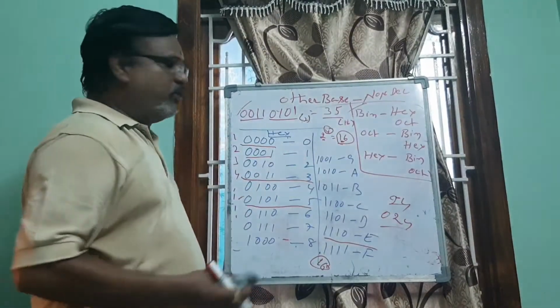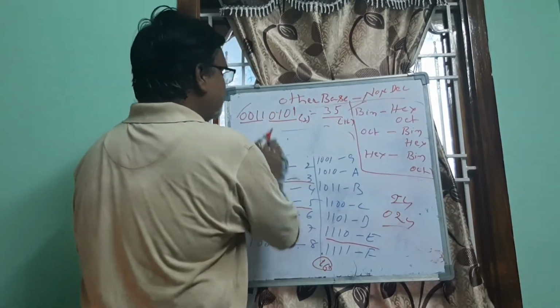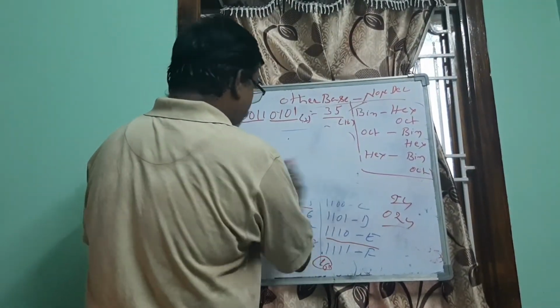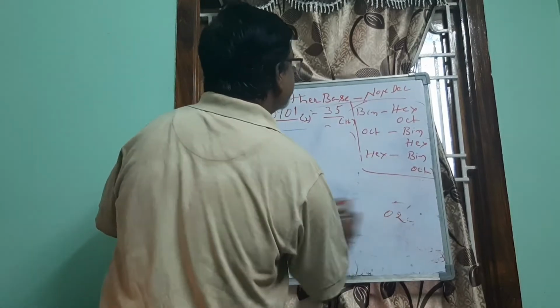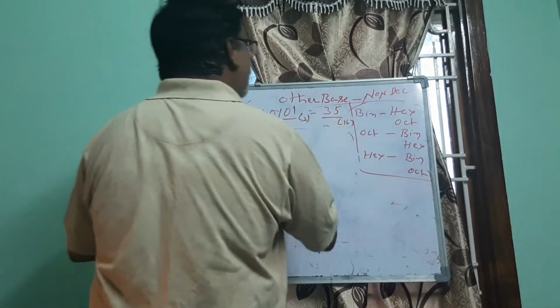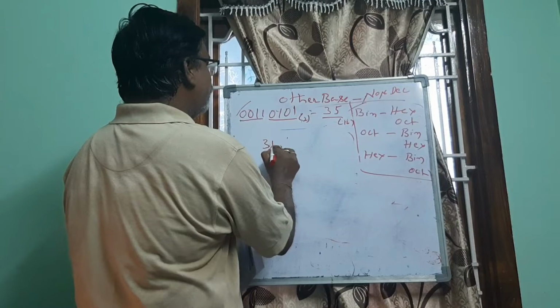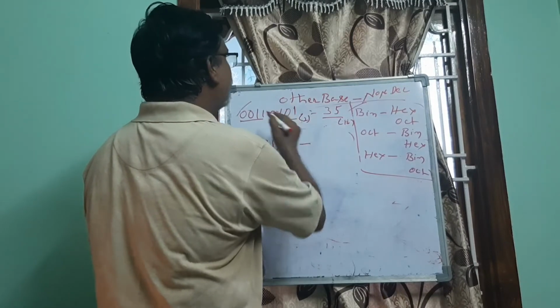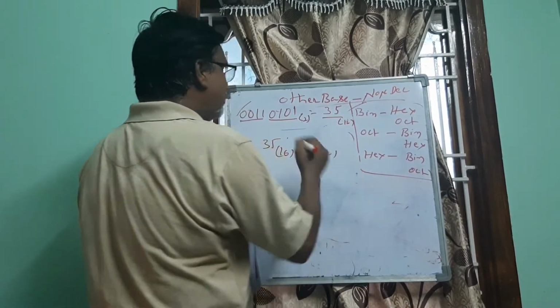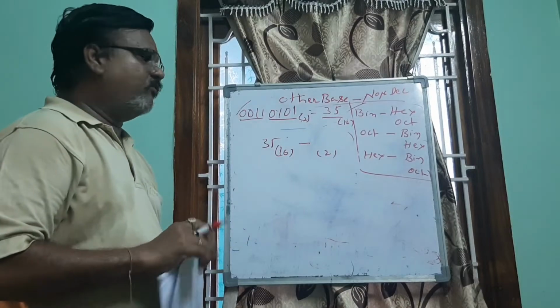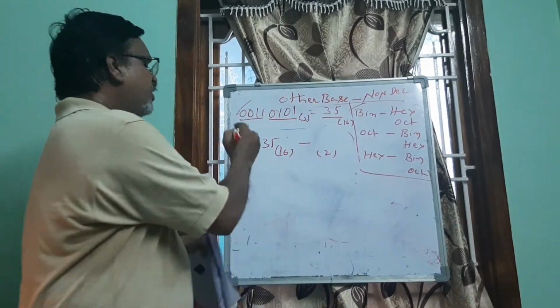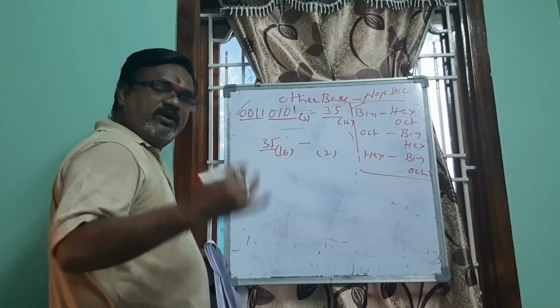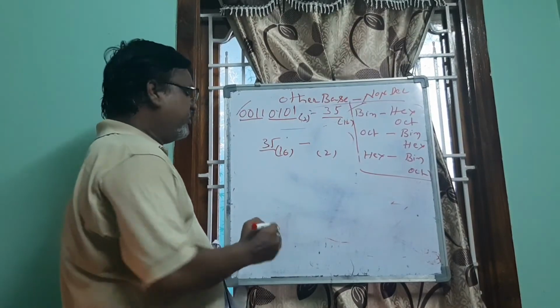You can check by yourself in reverse order. Reverse order means you are going to convert this 35 base 16 into a binary value. For this we will follow the indirect method. First you convert this 35 into the equivalent decimal value.